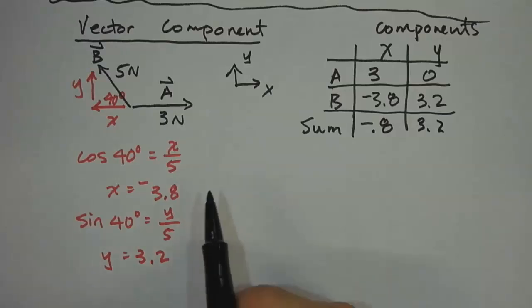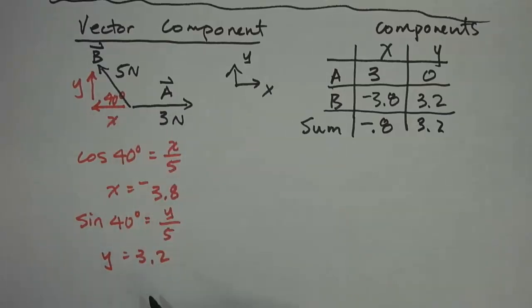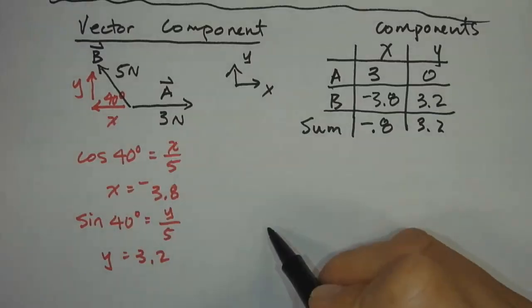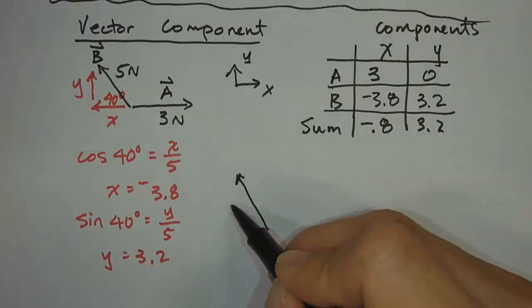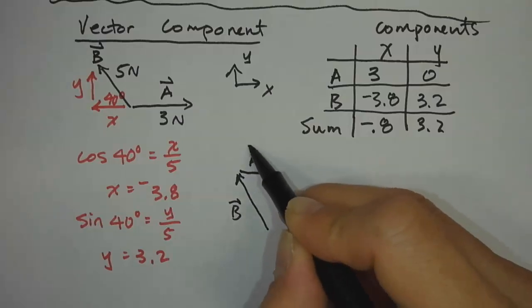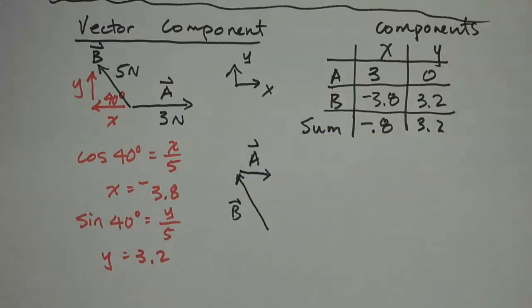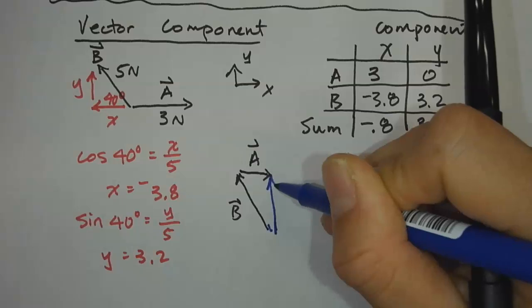Okay. So what I could do is use the tip to tail method to add these two vectors. It would look something like this. That's vector B, and then vector A would look something like this, and then I would end up with a sum, a resultant, that would look something like this.